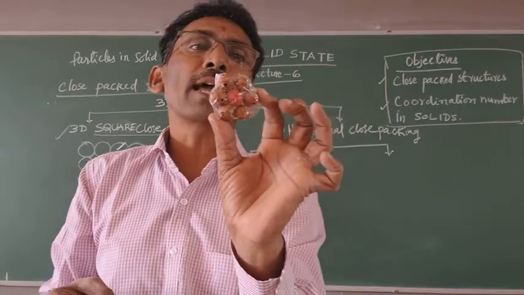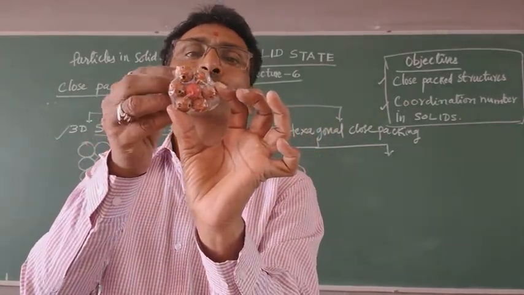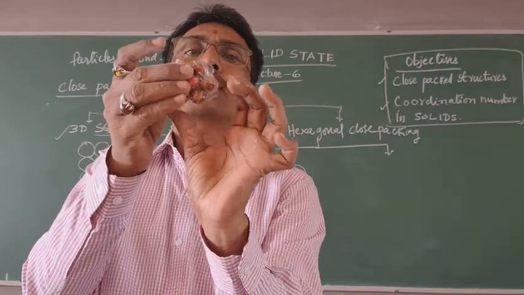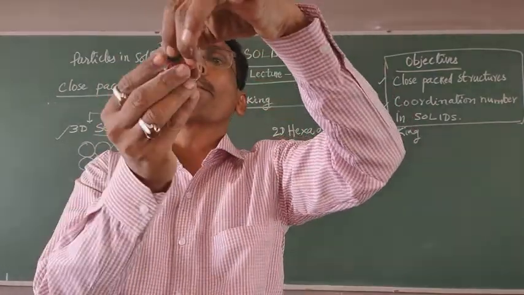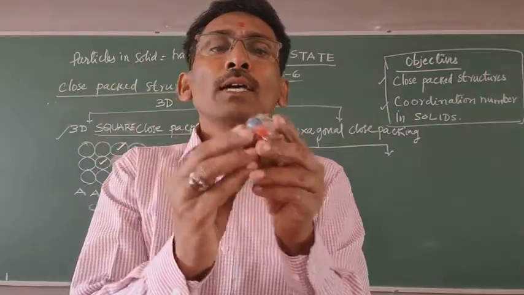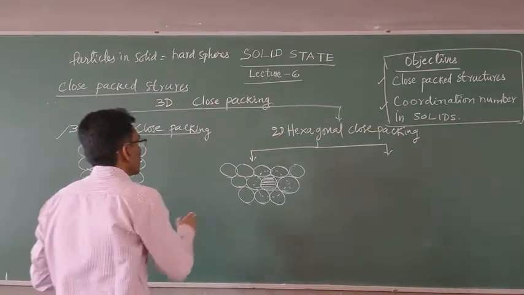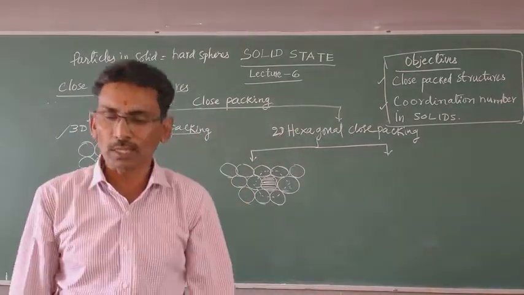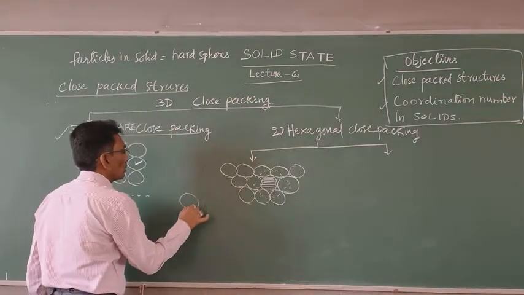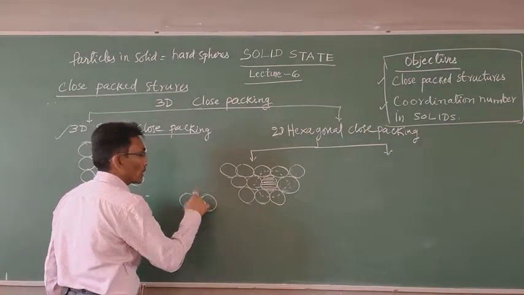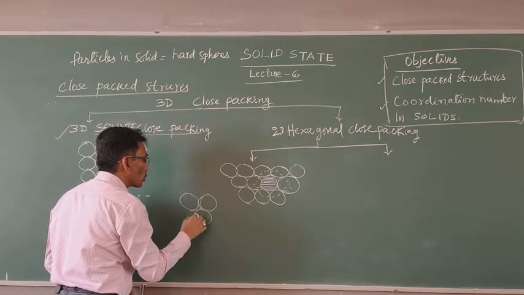How does the next layer happen? The next layer happens like this, to cover this one. Yes, observe. Which void is it? A triangular void. What is a triangular void? Observe any 3 spheres: these are 2 spheres of a row, and this is a sphere in the next row.